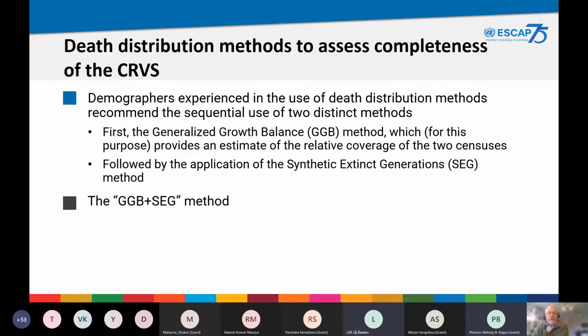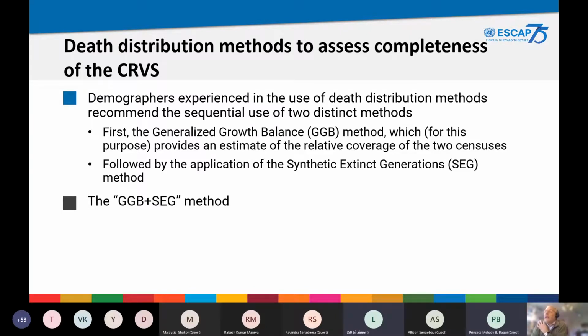And so the first of the death distribution methods allows us to explicitly provide an estimate of the relative coverage of one census relative to another. What proportion of the population is covered in one census relative to the proportion of the population covered in a second census, the first relative to the second, or the second relative to the first.